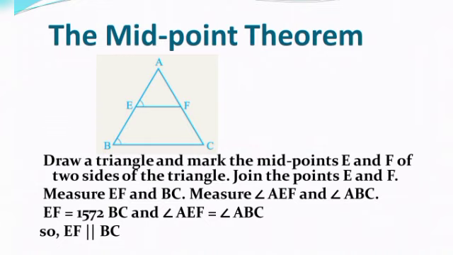Join the points E and F. Measure EF and BC. Also measure angle AEF and angle ABC. What do you observe? You will find that EF is equal to half of BC and angle AEF equals angle ABC. So, EF is parallel to BC.